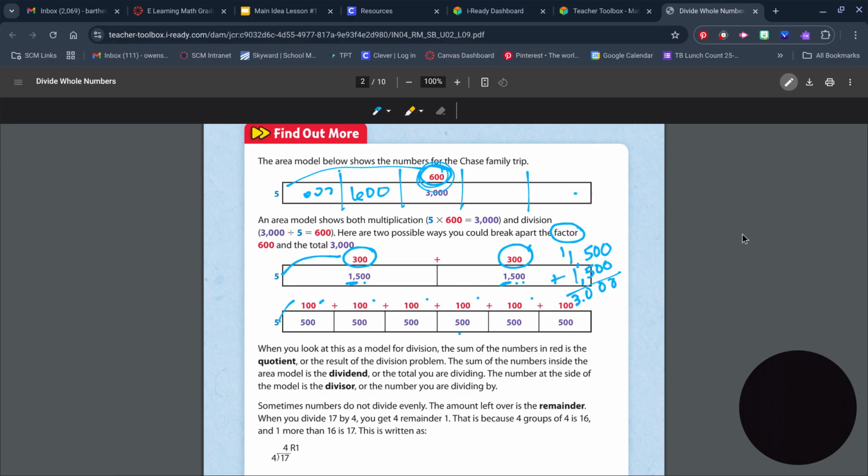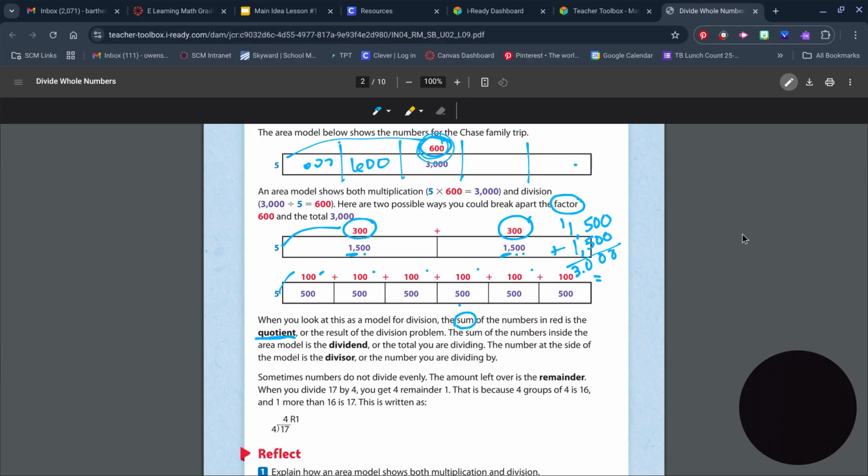So when you look at this model for division, the sum is all the numbers that you're multiplying, what they equal. The number in red is the quotient, or the result of the division problem. You know how product is the answer to a multiplication equation? Quotient is the answer to a division problem.